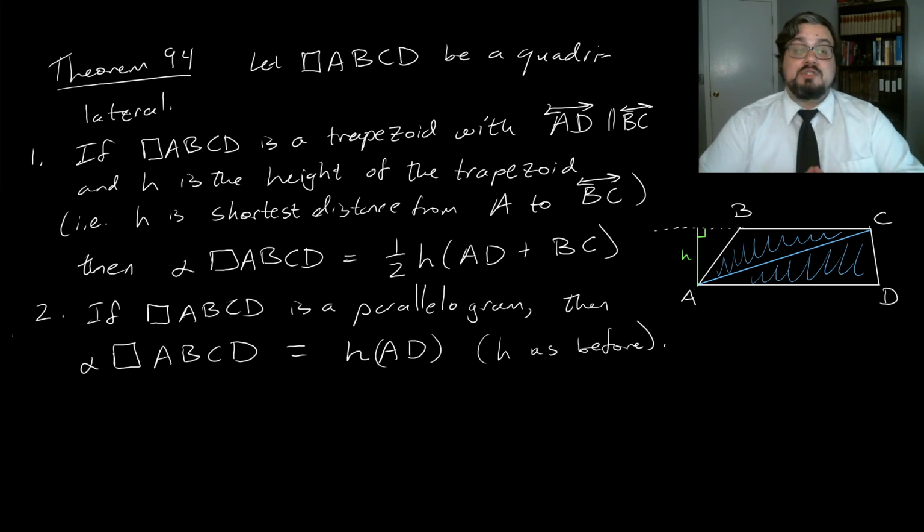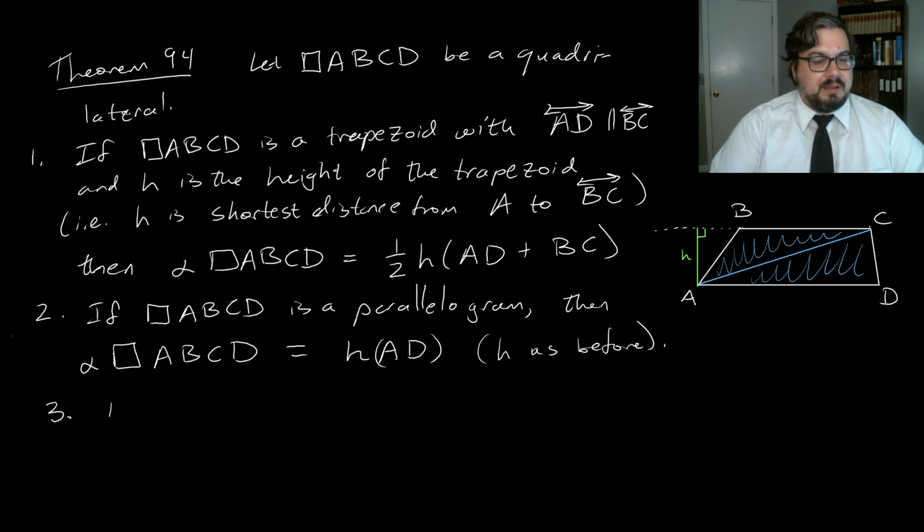Now, this is going to be an exercise to prove, and the hint is that every parallelogram is already a trapezoid. So you can go ahead and use part 1 of Theorem 94, once you have it, in order to prove part 2.